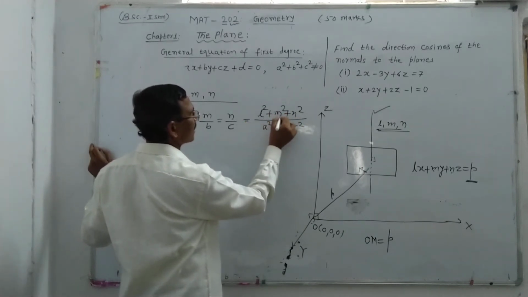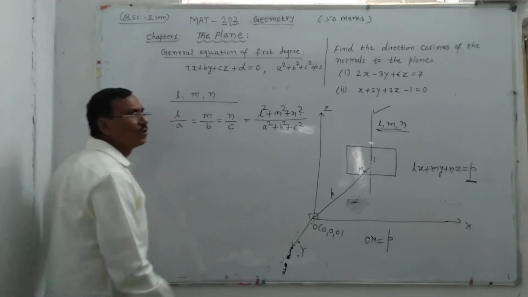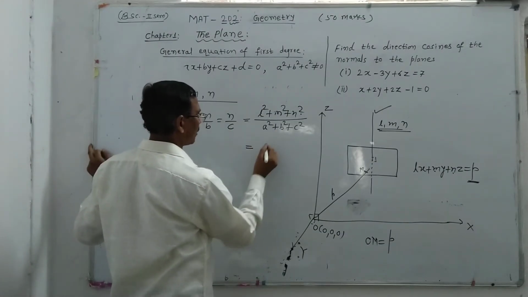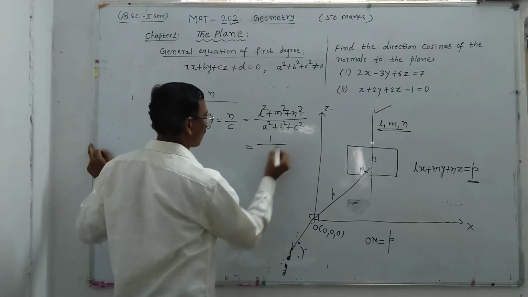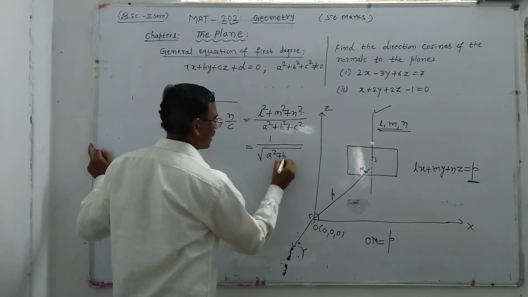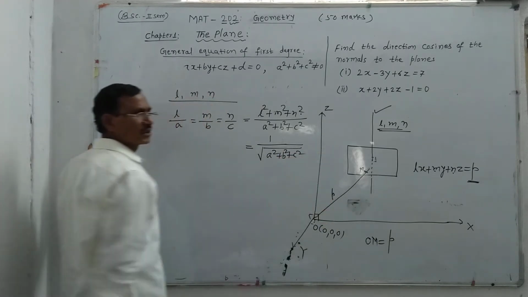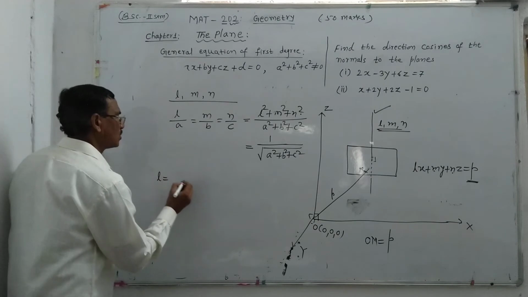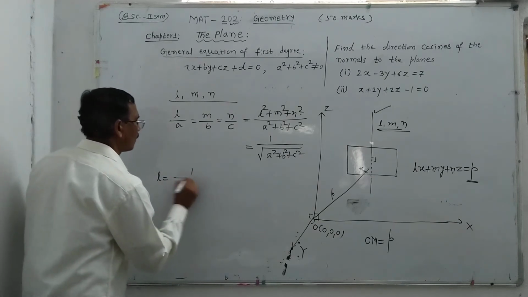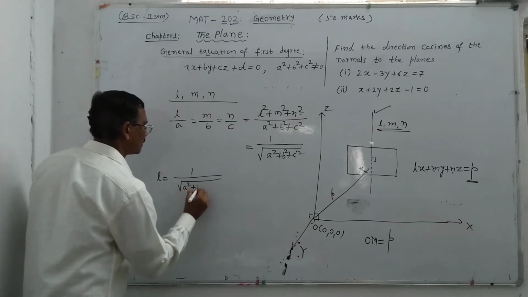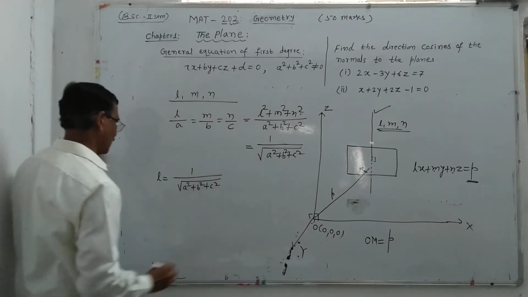But l square plus m square plus n square is equal to 1, and taking the square root, this is equal to 1 upon square root of a square plus b square plus c square.